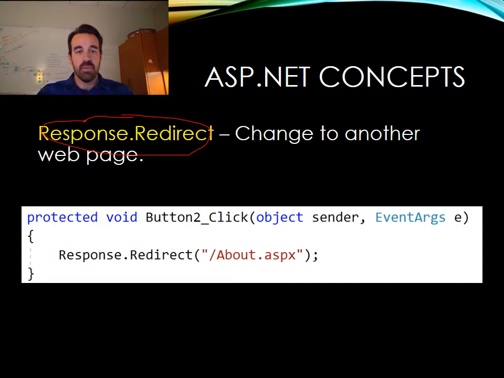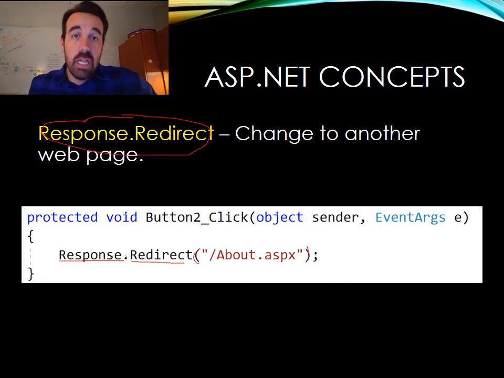And that's pretty simple, Response.Redirect, and then in parentheses we want to have the URL of the page that the user is trying to visit. You can use, in this case, a relative URL, so that means wherever I'm at, just take me to the about.aspx page, like in this example.